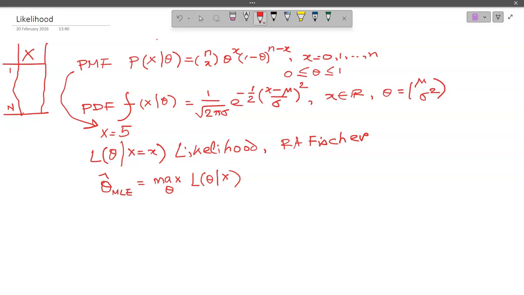So for binomial and normal, our theta hat MLE of mu turns out to be x bar. So this is the application of likelihood.